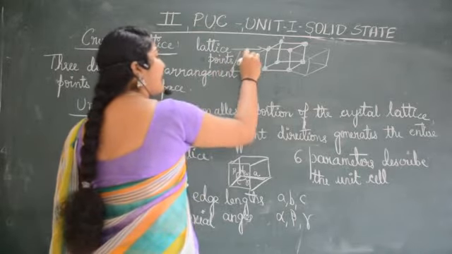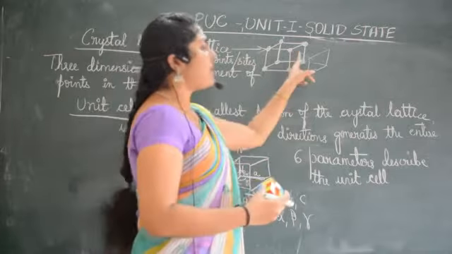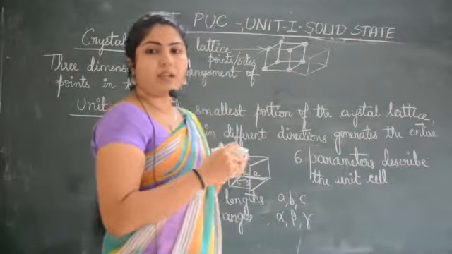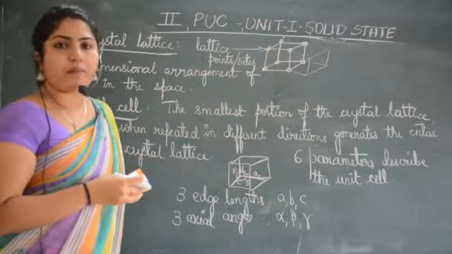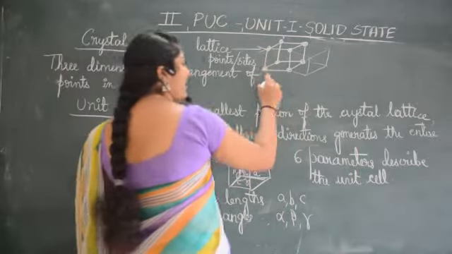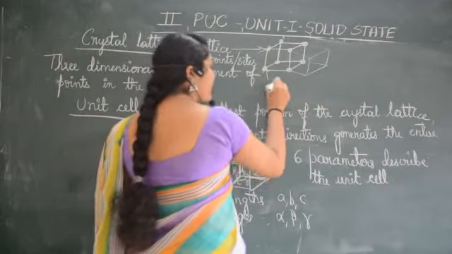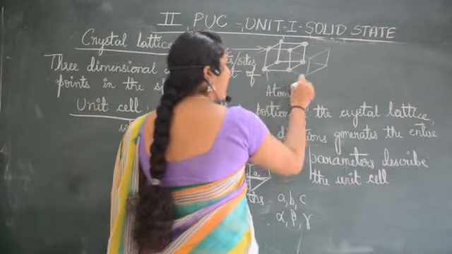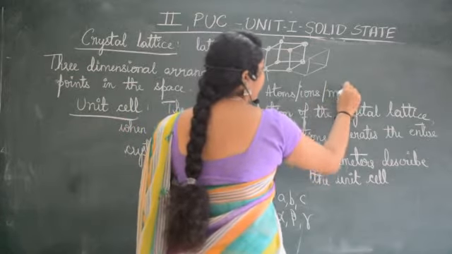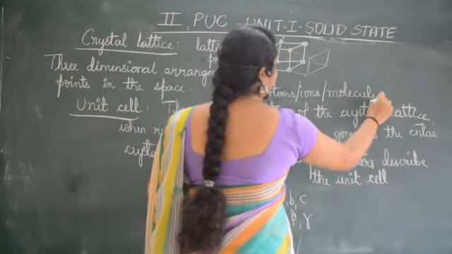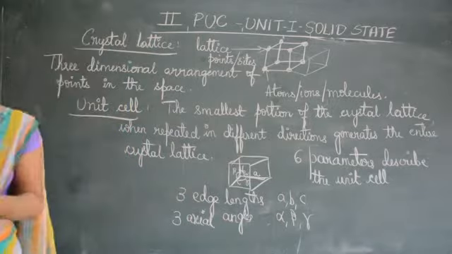And what do they indicate? The point indicates the constituent particles. And the constituent particles can be atoms, or ions, or molecules. Important. Hope it is clear.